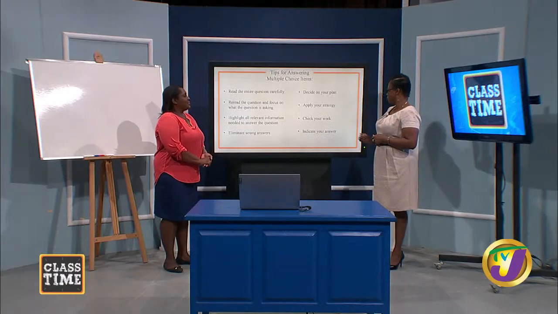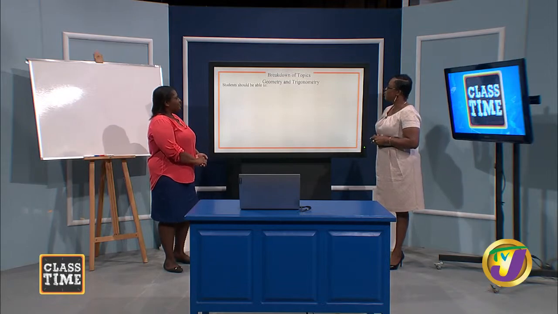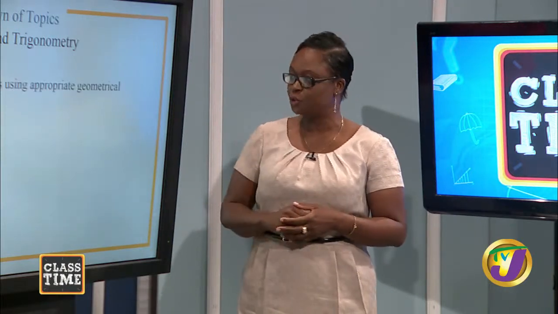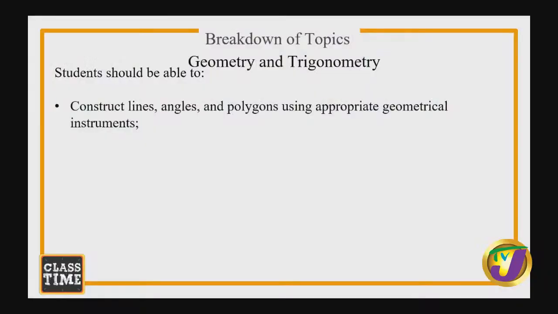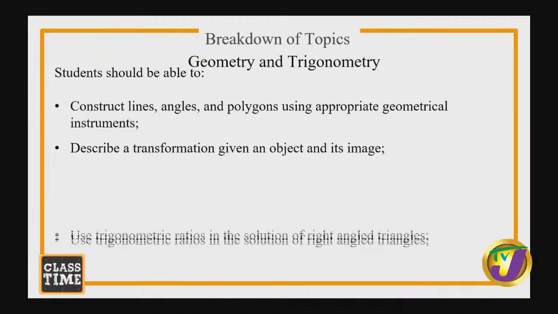Right. So a breakdown of the topics that are covered under the unit labeled geometry and trigonometry. It states that students should be able to, and these are the objectives that we'll be clarifying today, construct lines, angles, and polygons using appropriate geometrical instruments. We are also going to be describing a transformation given an object and its image.